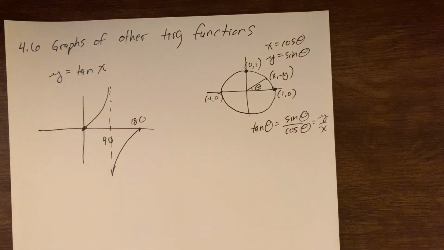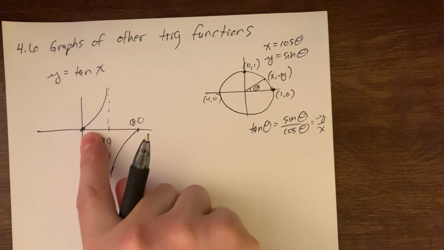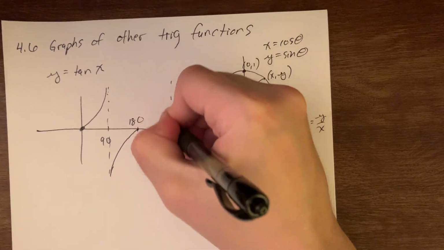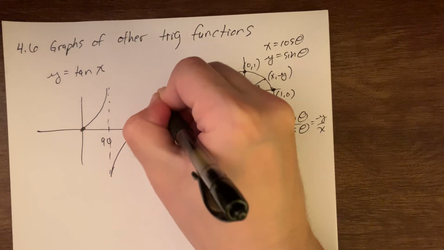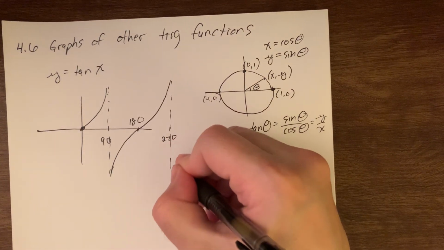And this is the last funny thing about tangent. What happens as I go past here? I already repeat what we had. As I get closer to 270, I get another vertical asymptote like this. And this piece is already repeating what we had here.